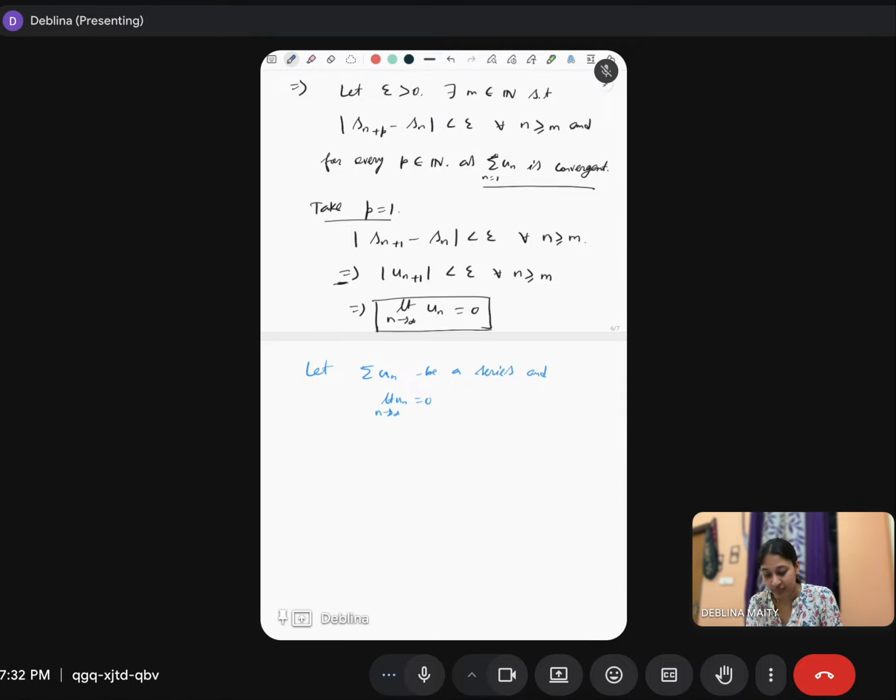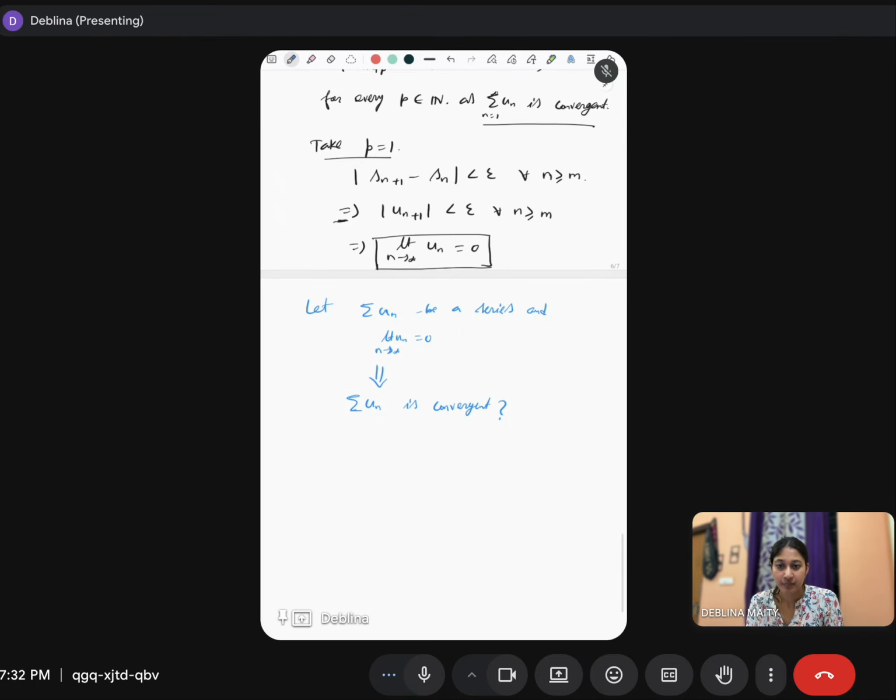Now does it imply that the sum of this u_n is convergent? The answer is no.